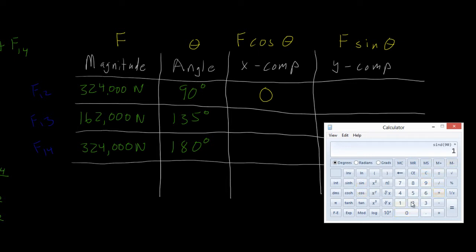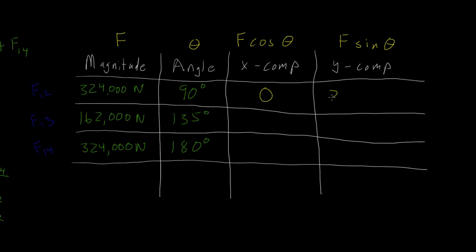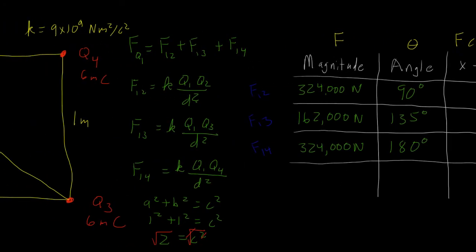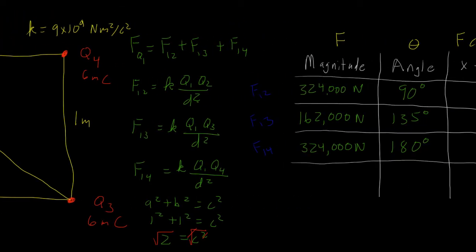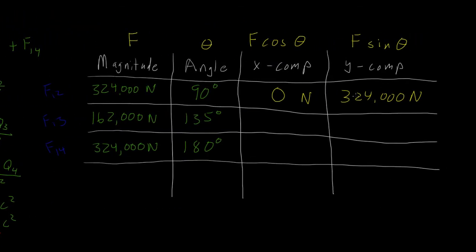So when I multiply by 324,000, I'm just going to get 324,000 newtons. Okay, and that's pretty intuitive if you look at the picture. There is no left or right. It's all straight up. It's not at an angle at all. So the whole thing is in the positive y, which is what we got here.